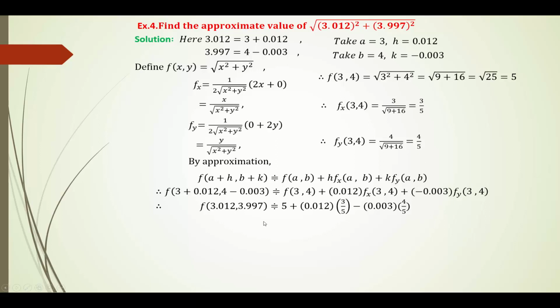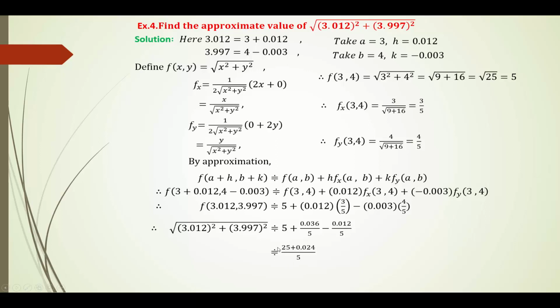Now simplify this value. Before that, here the function f(x,y) is the square root of x square plus y square. So this value is the square root of 3.012 square plus 3.997 square, which is approximately equal to 5 plus 0.012 into 3 is 0.036 upon 5, then minus 0.003 into 4 is 0.012 upon 5.